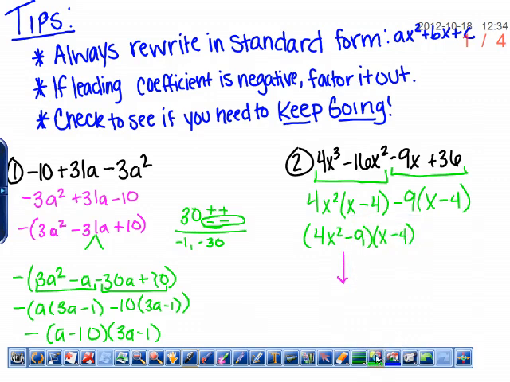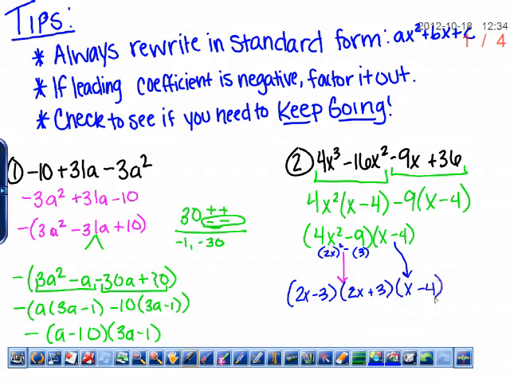What squared gives me 4x squared? What squared gives me 9? 3. So 2x is A, 3 is B. So how does 4x squared minus 9 factor? Good. Is that my answer? Good. Make sure you bring that down.